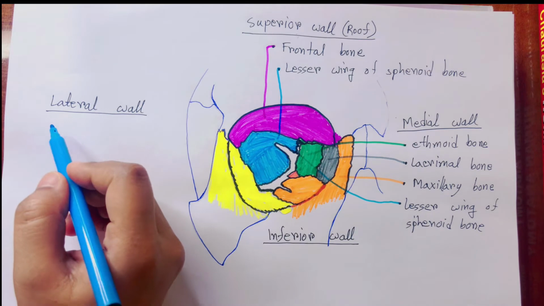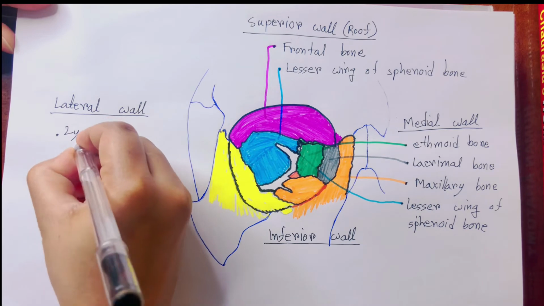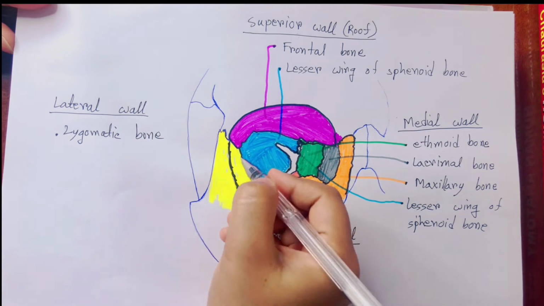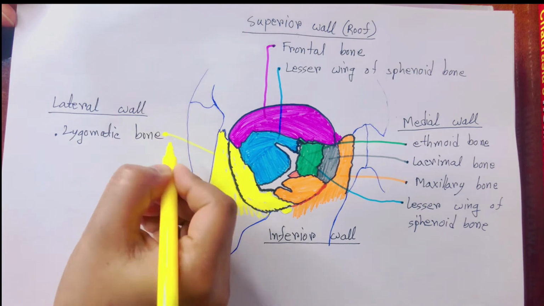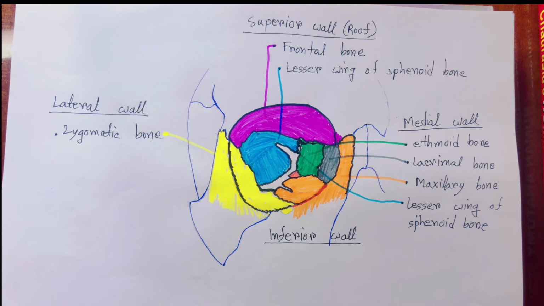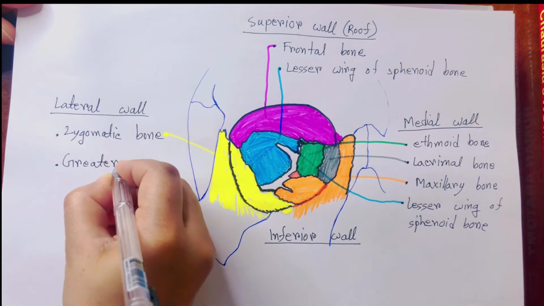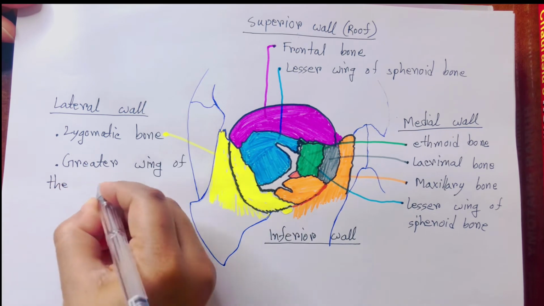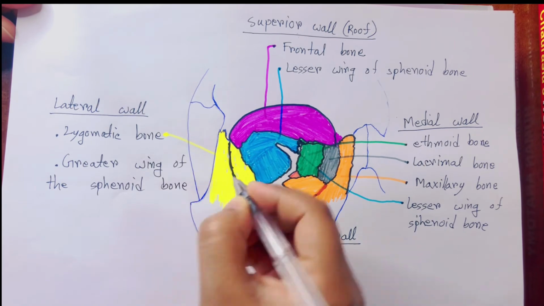Now we will see lateral wall. Now lateral wall is made up by 2 bones. Zygomatic bone anteriorly, this is zygomatic bone, this yellow color bone, and greater wing of the sphenoid bone posteriorly.